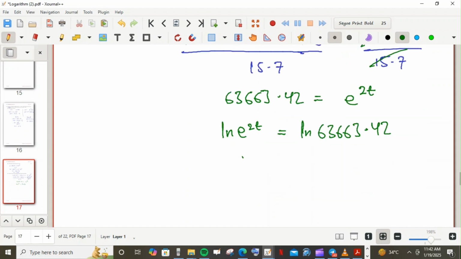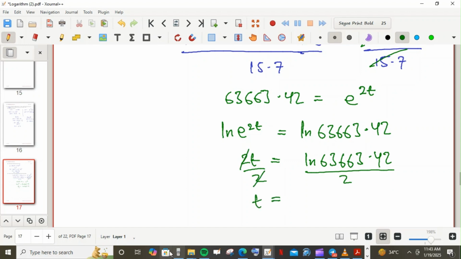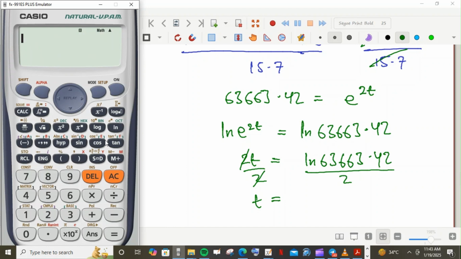So I'm getting 2t to be ln of this. If I divide both sides by 2, I'll get what? ln of 63663.42 over 2.